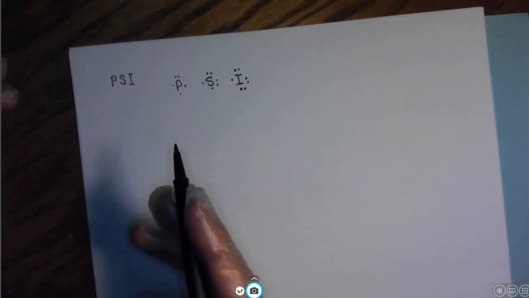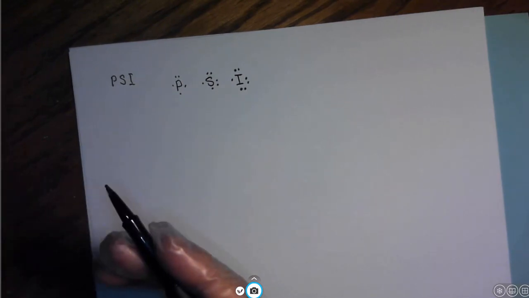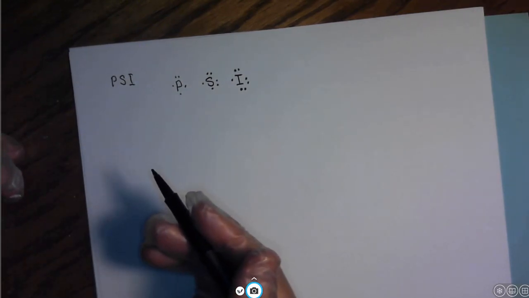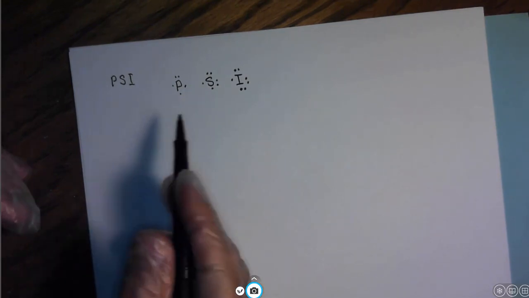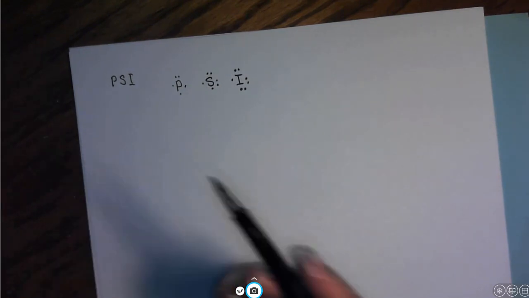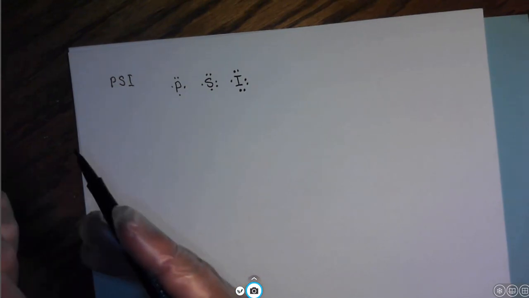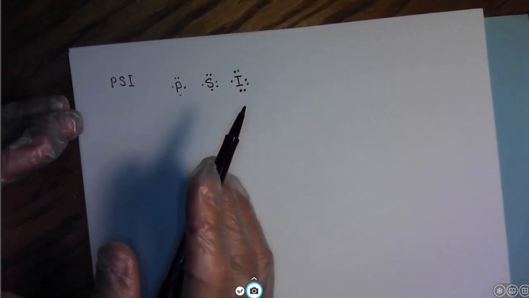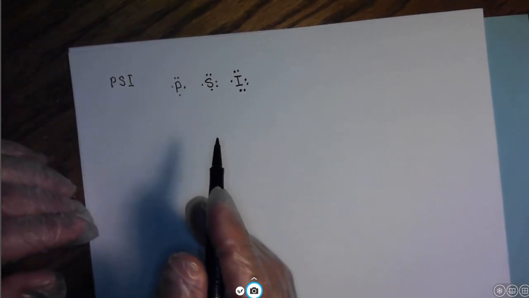Now sometimes you have to try something and see if it works. If it doesn't work, you try something else. You might try putting these together and it's like, this isn't working. Well then, do it again. Just leave that drawing on the paper so you don't do the same thing a second time, and try it a different way.